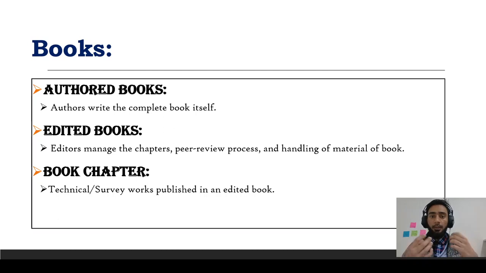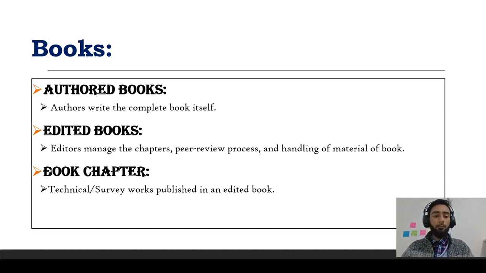So what researchers actually do, they send their work for the peer review to the editor, and they check the work. If it's eligible for the book, they publish it over there. Some top edited books publishers are IGI Global and Wiley and Taylor and Francis and all these.